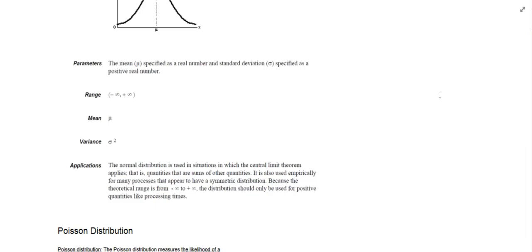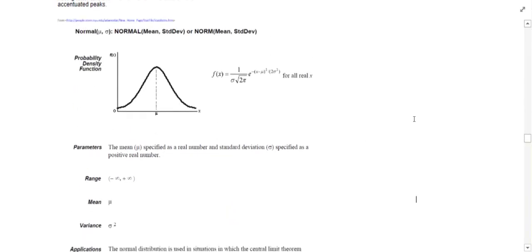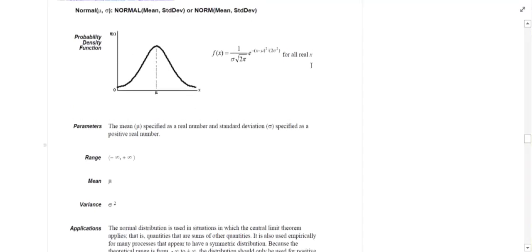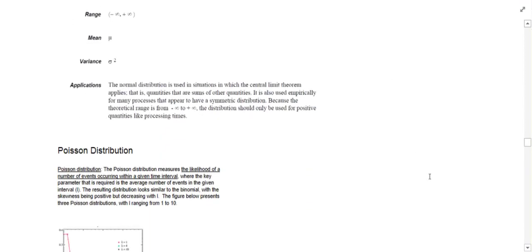And again, it's utilized a lot because the math behind it and the statistical methods that we use are pretty straightforward, significantly simpler than some of the other distributions that we look at. So if our population can fit this reasonably well, this would be something that we would certainly try to use.